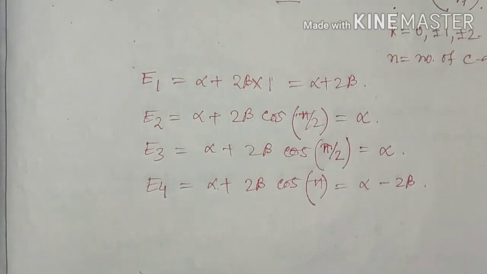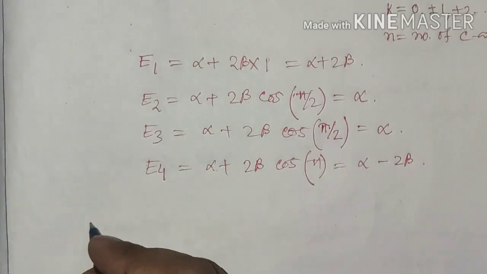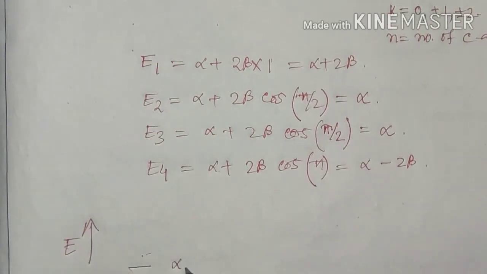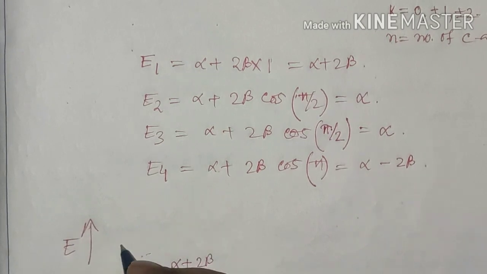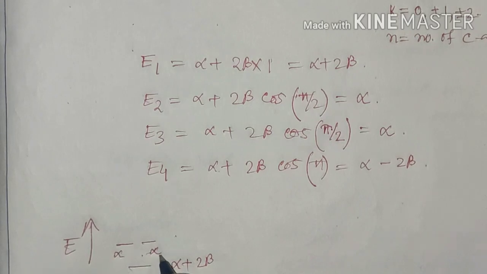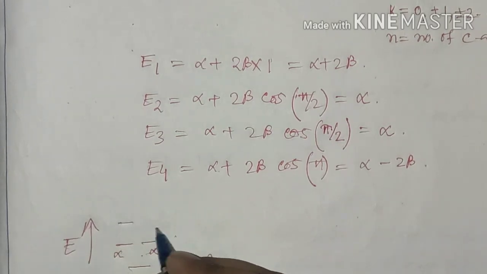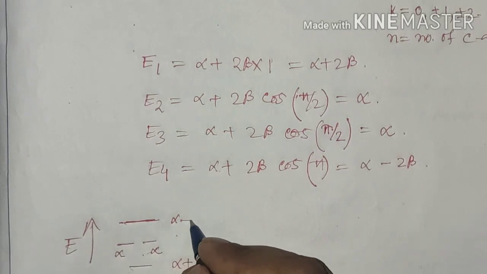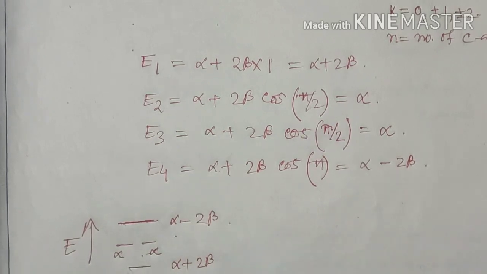If we draw the different MOs, there will be alpha plus 2 beta, 2 degenerate MOs with energy alpha, and the last MO with energy alpha minus 2 beta.